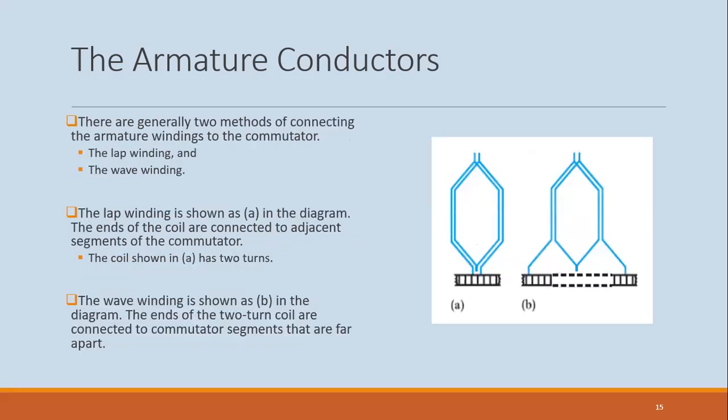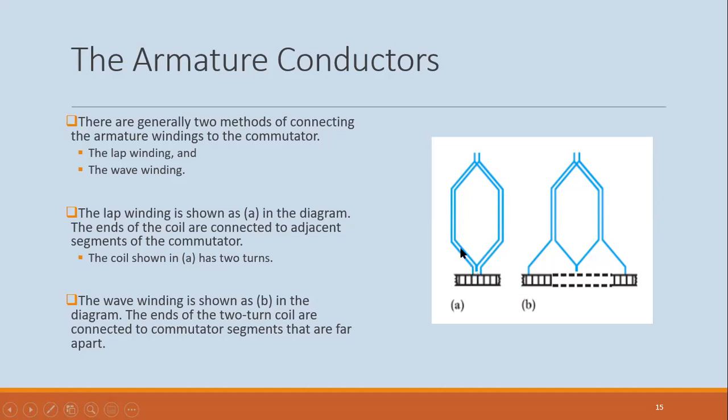All right. So the armature conductors can be connected in two ways. One is called a lap winding method, and the other one will be the wave winding. In the lap winding, the ends of the conductor are connected to adjacent commutator segments.